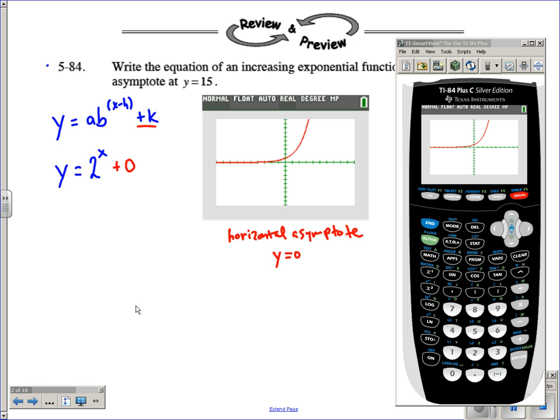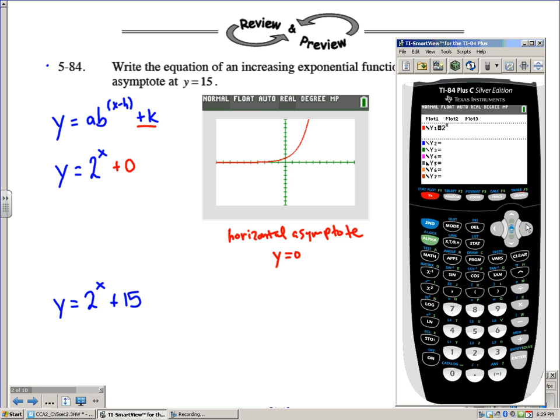So if we take an equation here and we say y is equal to 2 to the power of x, and if we add 15 to it, it should translate our graph up 15 units. And let's check that on the calculator. So we're going to take our original function here, and we're going to have to add 15 at the end.